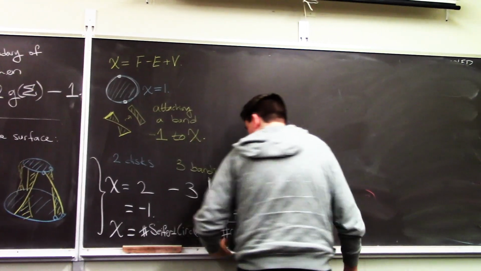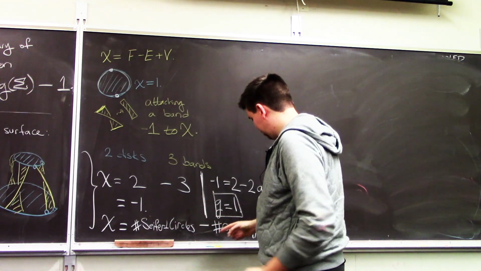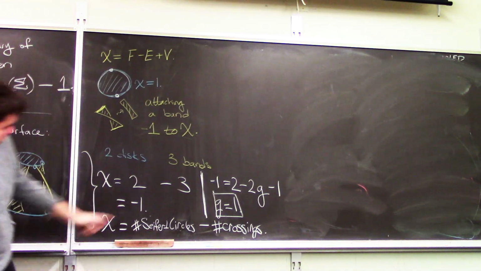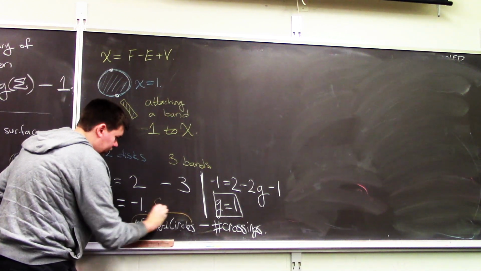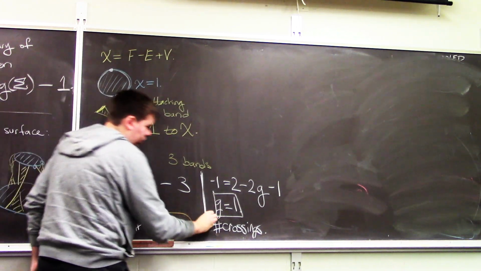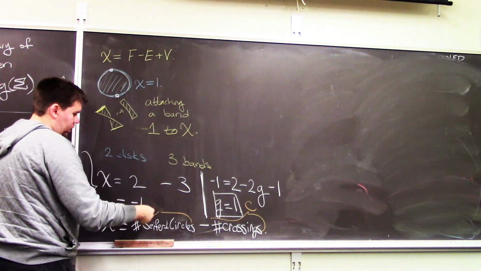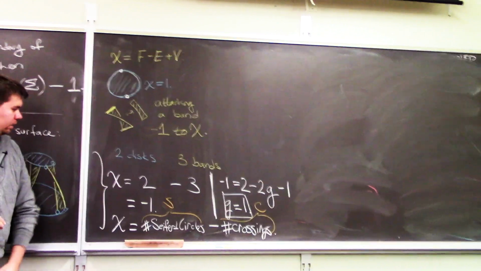What did we just do? We said that the Euler characteristic is the number of Seifert circles minus the number of crossings. Let's get some color. So let's just call that C. No, I guess the number of crossings should be called C. So let me call this S for Seifert, the Seifert circles you get.